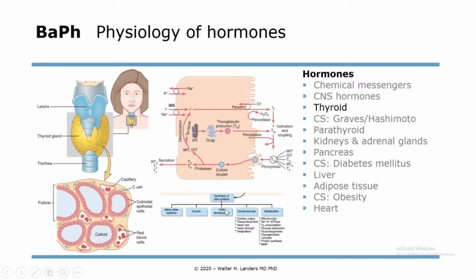So as you can see, the following 5 are the most important consequences of T4 and T3. It's predominantly metabolism and growth, but also development of other systems. And it helps with the cardiovascular system to increase cardiac output, for example.